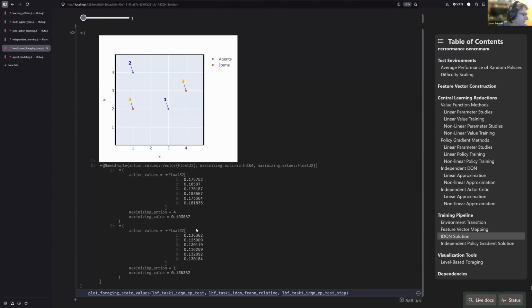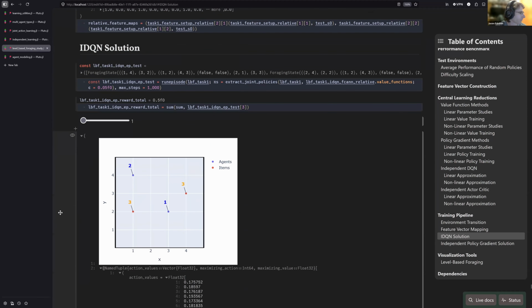There are 6 action values for each agent. They each have their own independent action values. And then the maximizing action is the one they'll follow, although here I've set it up where they actually take random actions with a probability of 5%, because the exploration parameter I used at the end of training was 0.05 rather than a higher value.